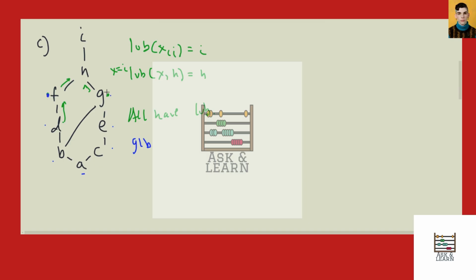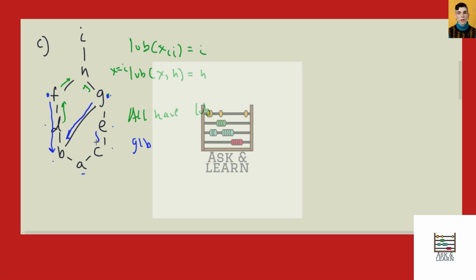So let's just start with F and G and C. We can follow this back to B here, and then this follows it to B. So it looks like that works. Anything in this column here with G is going to have the greatest lower bound of B, so we don't need to check any of those with G. Now what about E?